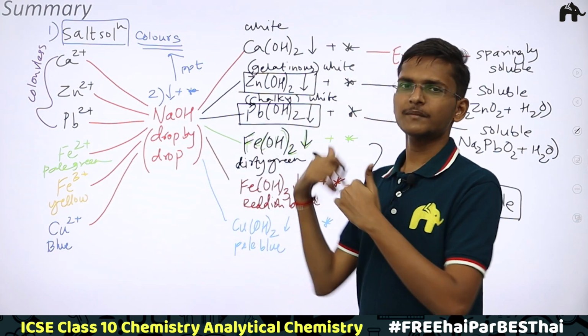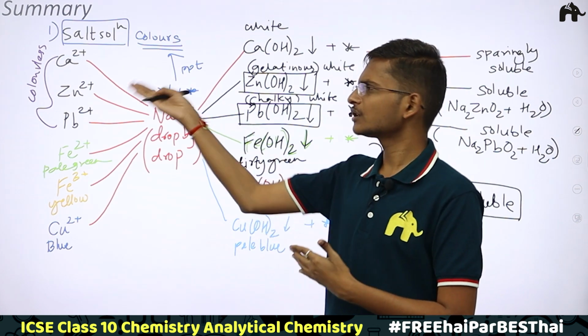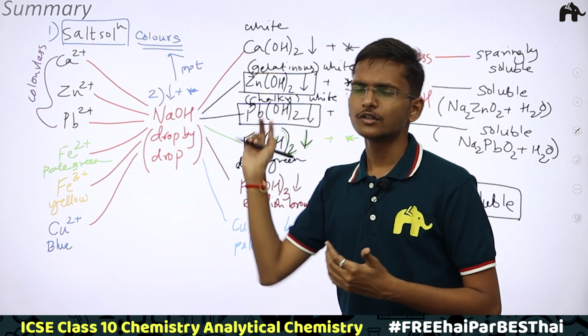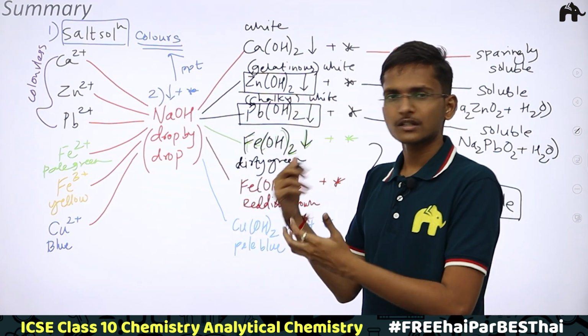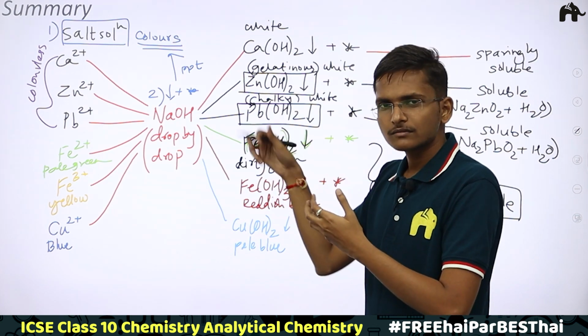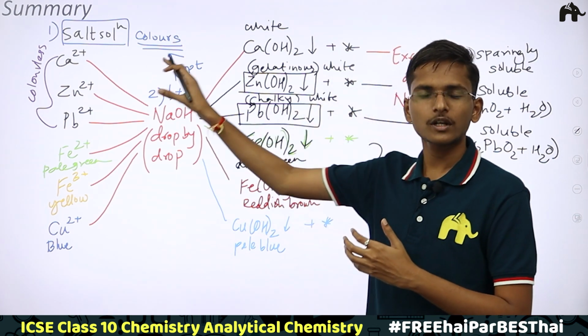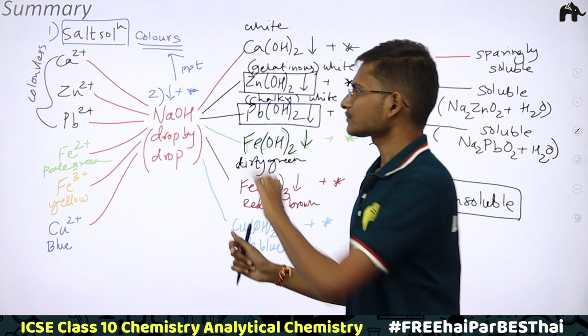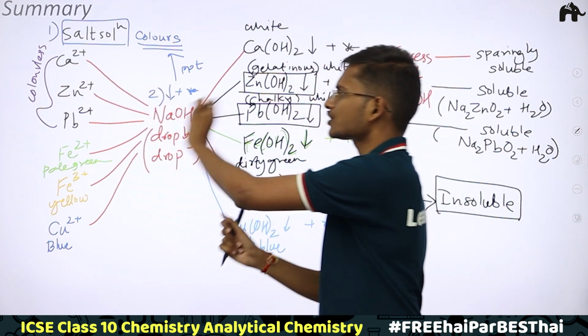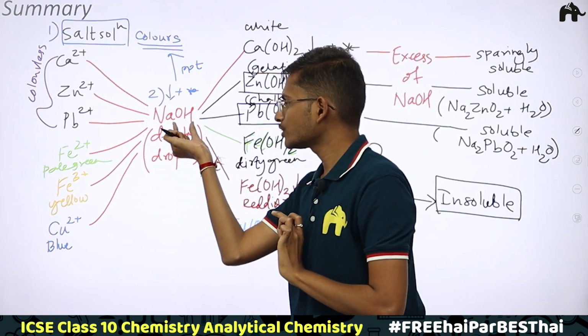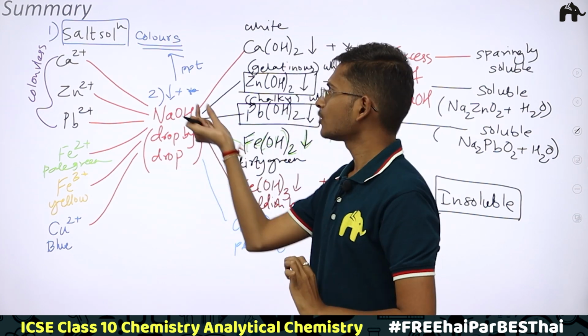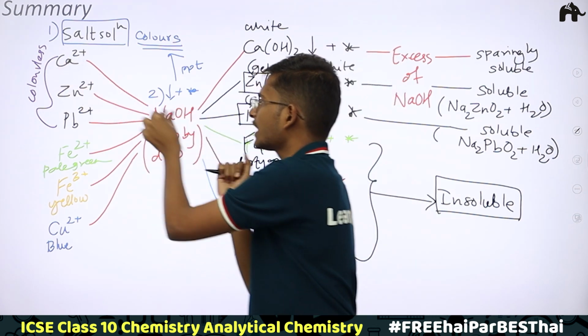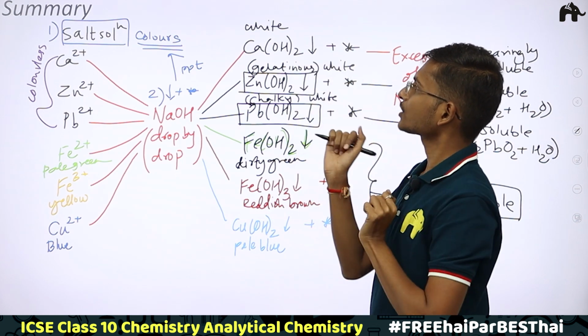Most of the time in your examinations, they themselves give you the soluble metallic salt. You have to just write the reaction. You have to just think on the other things, not about that soluble salt. So what is happening when the calcium salt solution is treated with sodium hydroxide drop by drop, the precipitate of calcium hydroxide is getting formed, see.